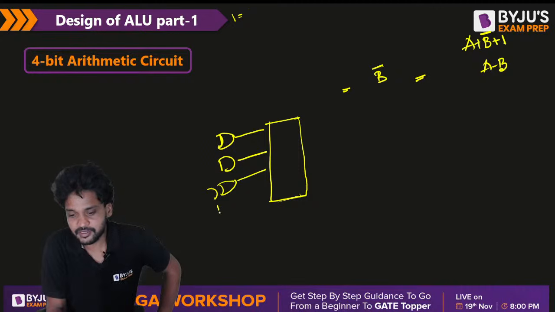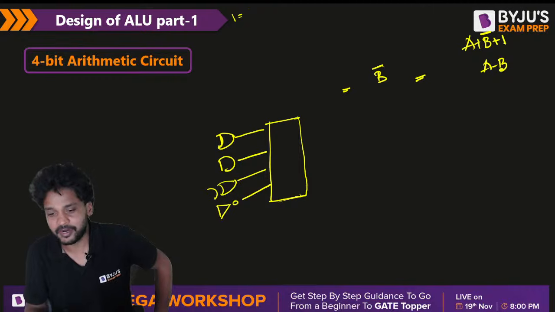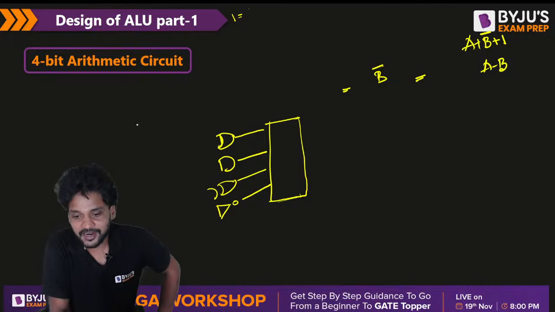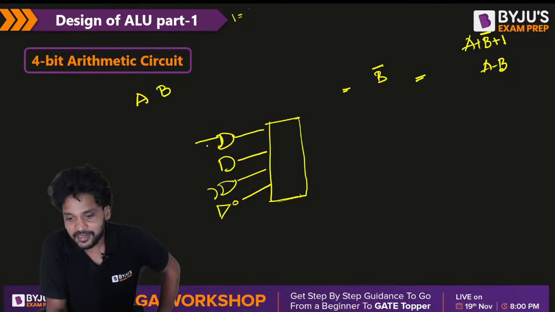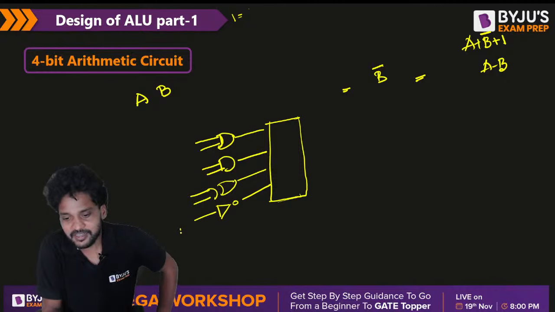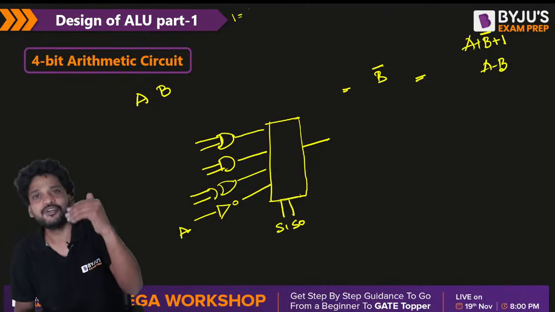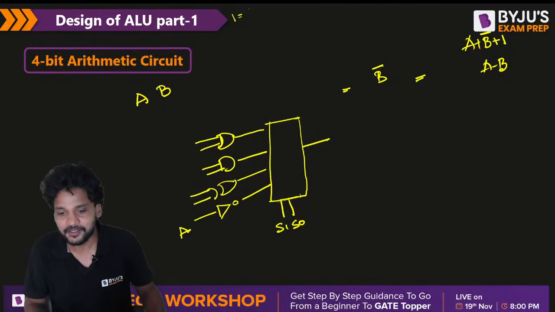And there is a NOT gate. I hope you got my point. Now, understand, I have two inputs. One is A, one more is B. A and B are applied to all the gates. But for the NOT gate, only A will be connected. Now it is the selection inputs of this multiplexer, S1, S0, that will define and decide which operation is to be performed. Did you get it?